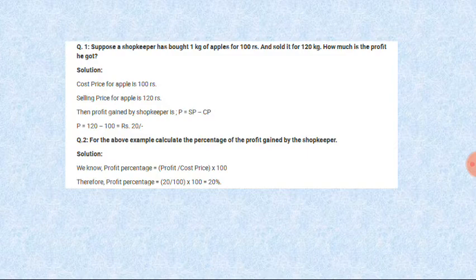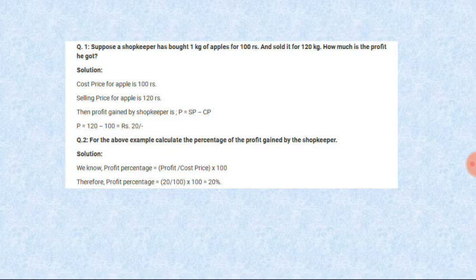The selling price of the apple is 120 rupees. Profit is equal to SP minus CP. 120 minus 100, so 20. We get a value 20. So profit is rupees 20. For the above example, calculate the percentage of the profit gained by the shopkeeper.